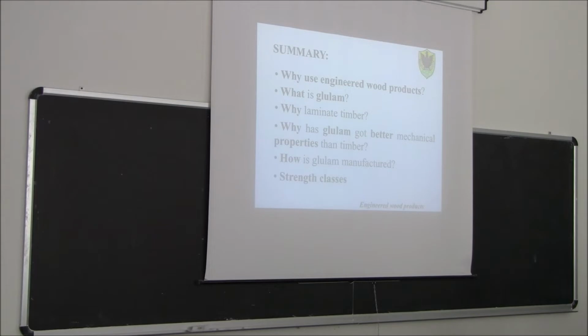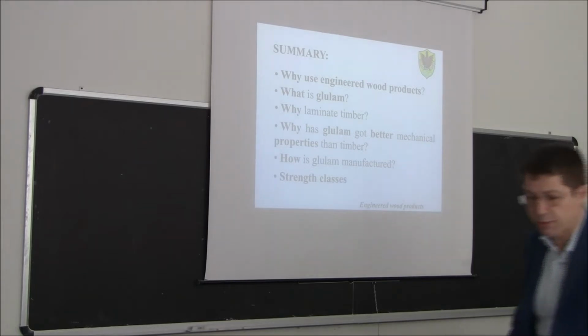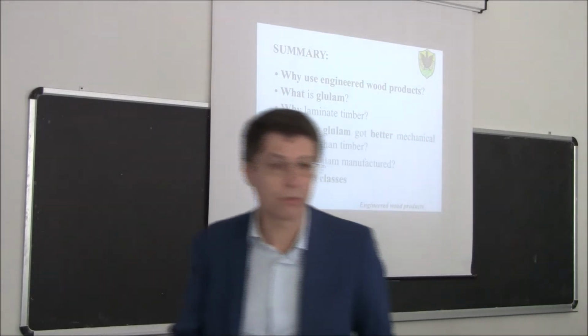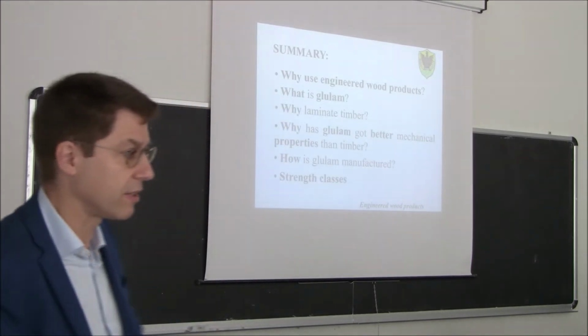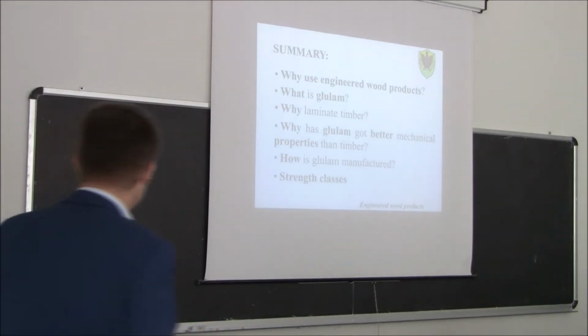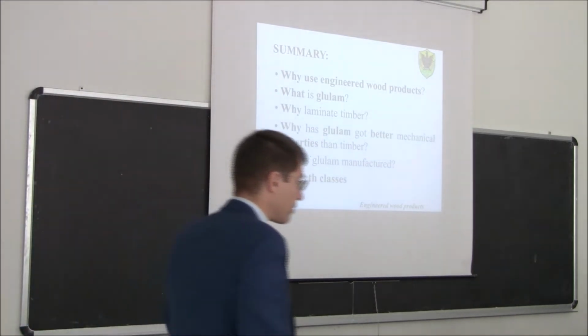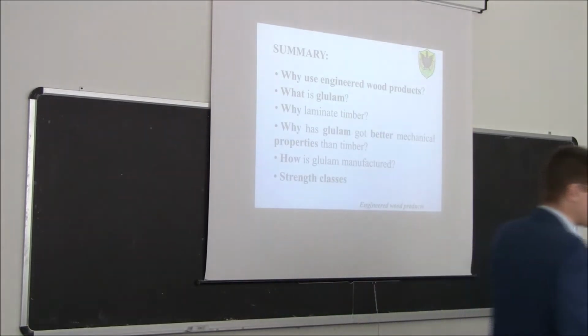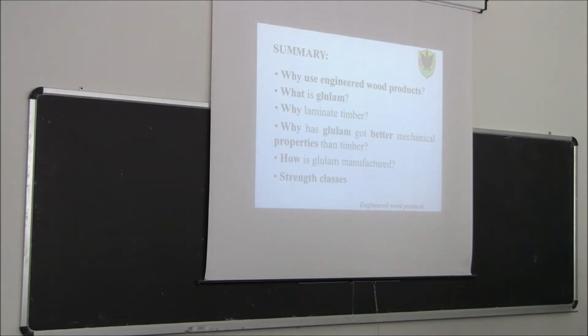We will talk about the strength classes. So also for glulam we have to classify the material. Of course, as a designer, we need to know the strength, the characteristic strength. Remember yesterday? The formula we saw yesterday: the design strength of timber is equal to k_mod, the modification factor that accounts for moisture content and load duration, times the characteristic strength divided by the partial safety factor.